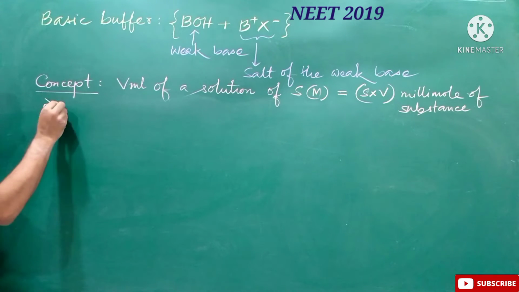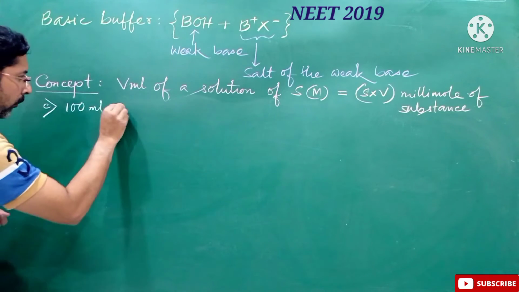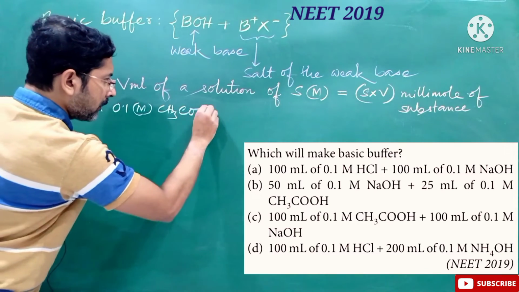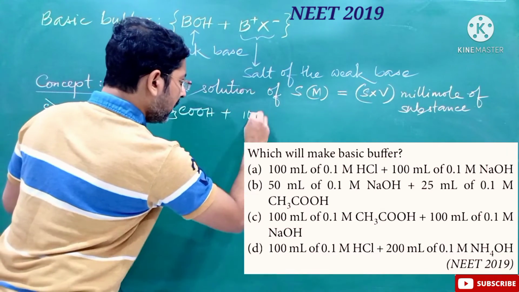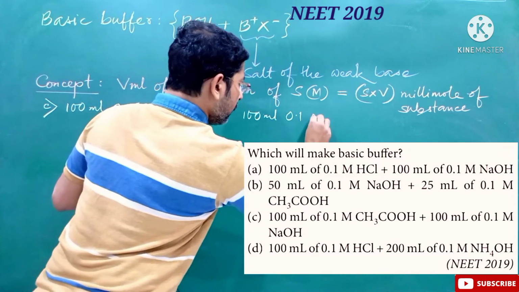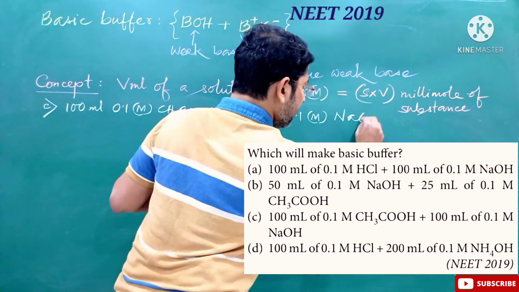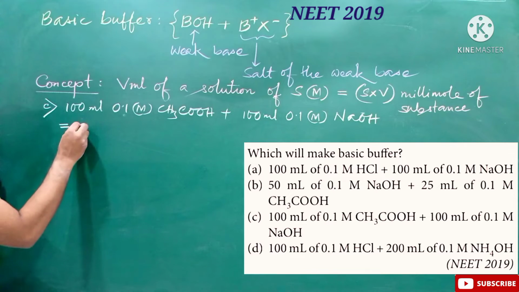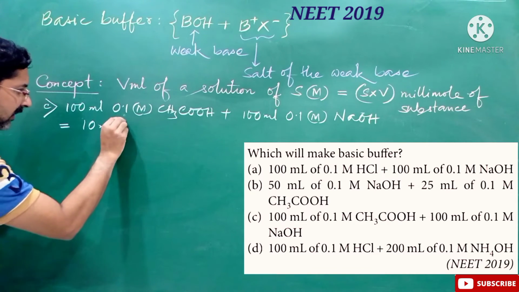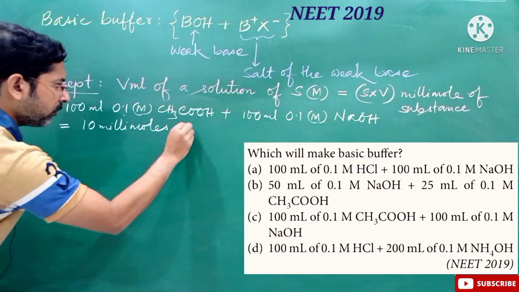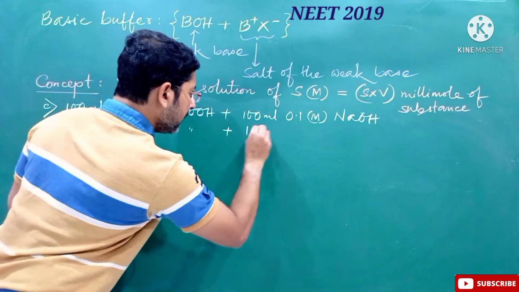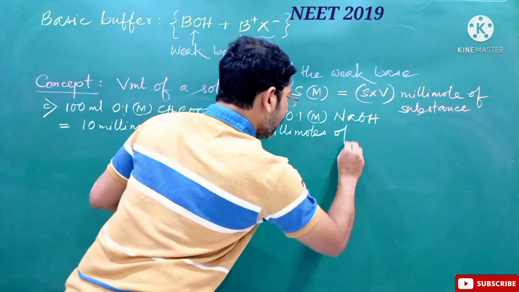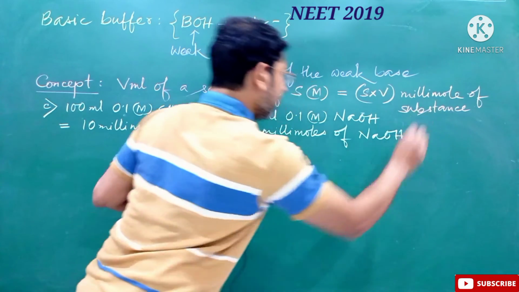Now our option C is 100 mL 0.1 molar acetic acid plus 100 mL 0.1 molar NaOH, right? Look, of course there is 100 into 0.1, that is 10 millimoles of acetic acid plus 10 millimoles of NaOH present in the solution.